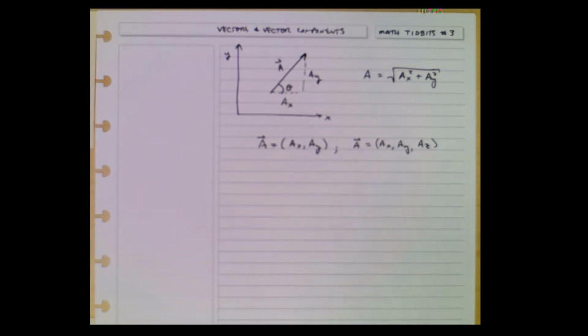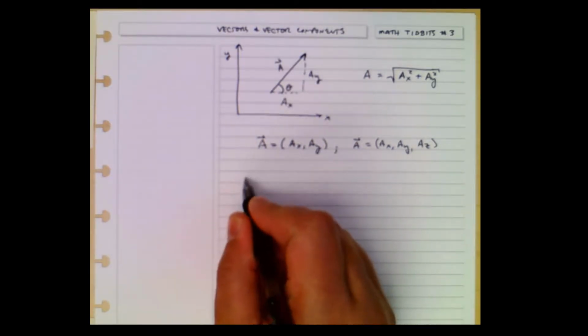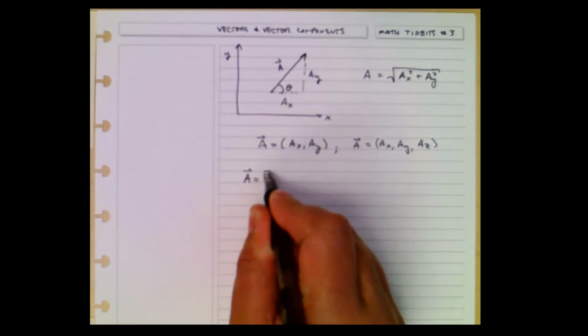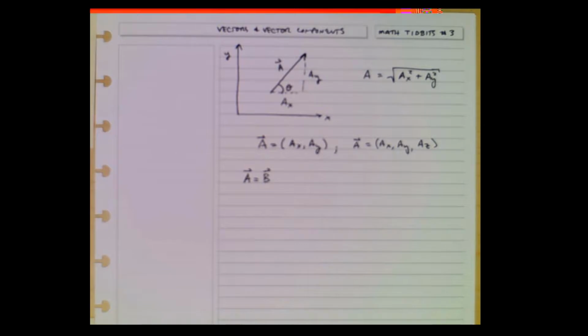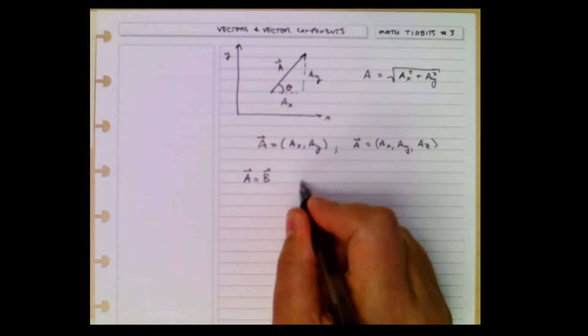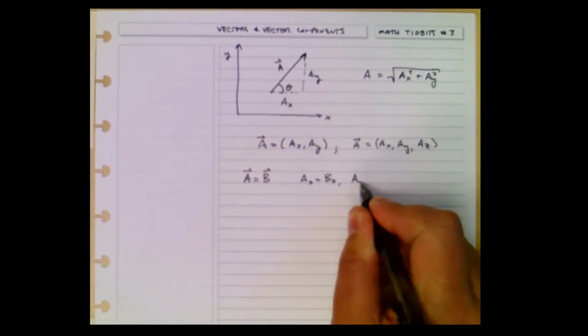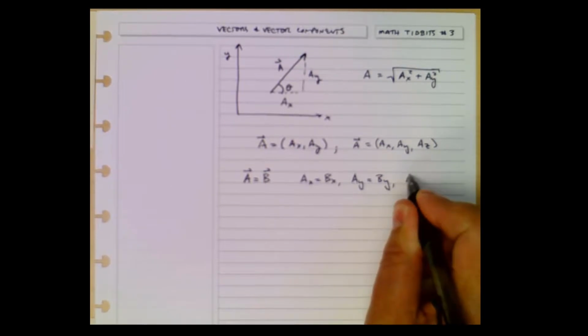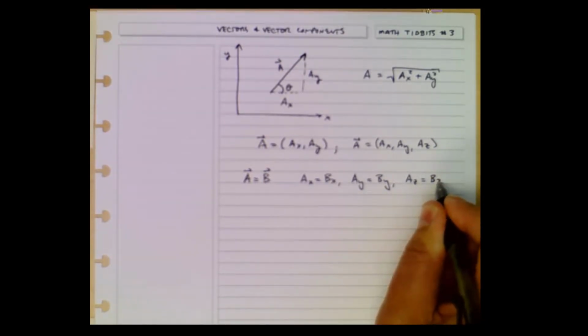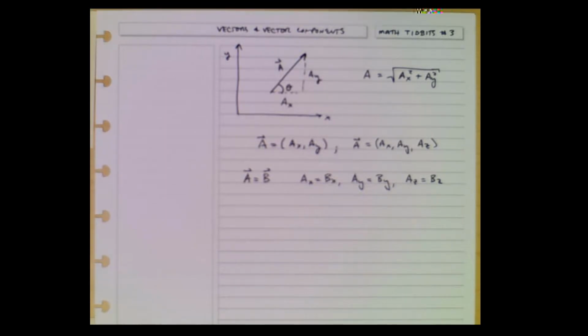And if two vectors are equal, so let's suppose there's a vector B that's equal to vector A, then that means that all of its components, a sub x and a sub y and a sub z, every one of them is identical, right? Okay, so that's all well and good. Hopefully this idea is something that is familiar to you, or if not, it will be.